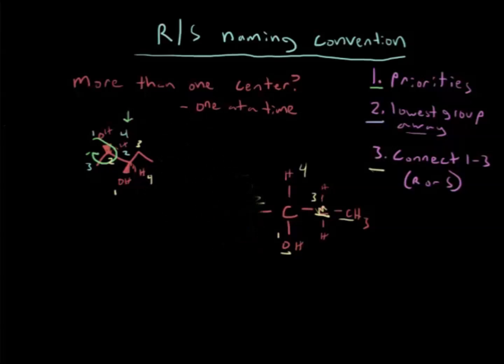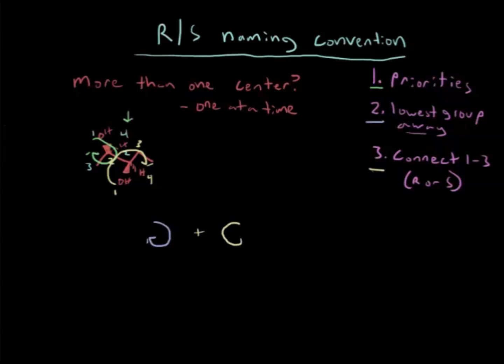So obviously this is the higher priority group. And this one is going clockwise as well. So clockwise and clockwise, rectus, R and R. So this molecule is R,R-2,3-dihydroxypentane. And that's the RS naming system.